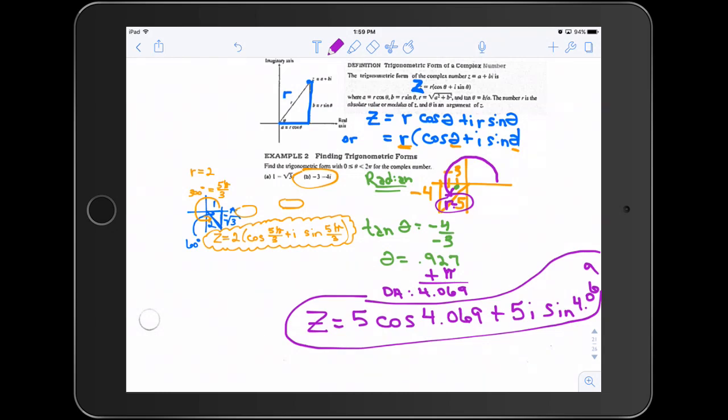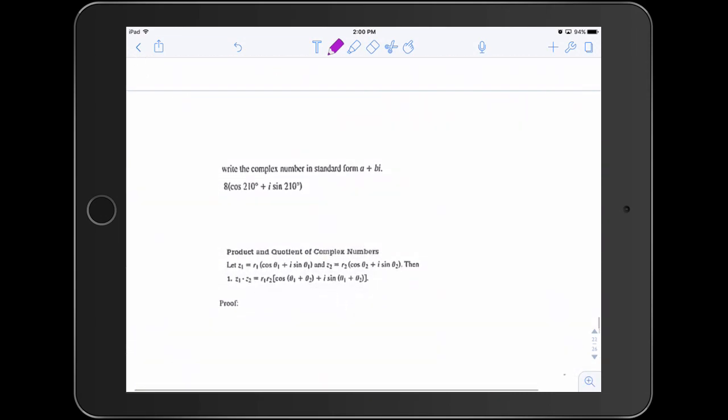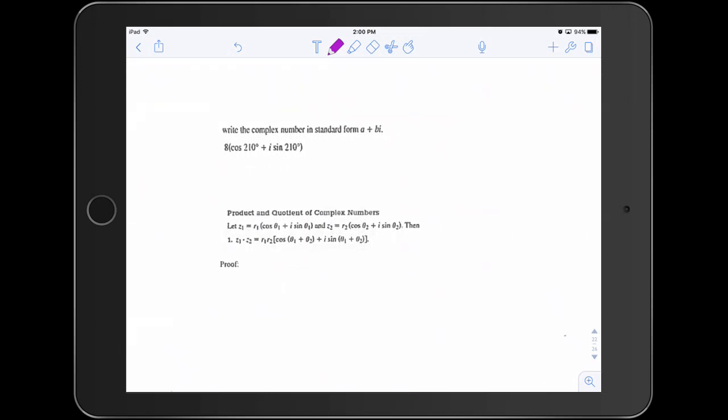Okay, so let's now look at the back of this note guide and see if we can go in reverse. So if you look at this, we have the trig form of a complex number, but I want to write it in standard form. So just like before, we need to know our radius and our direction angle.